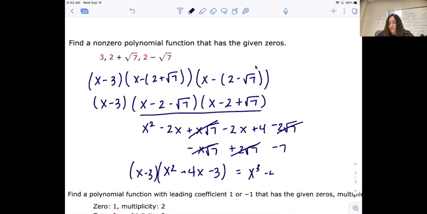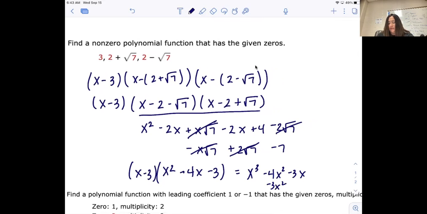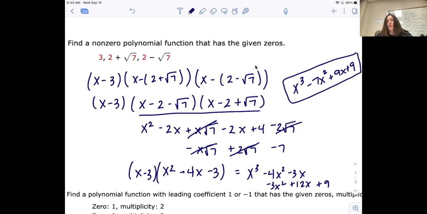Then I have x cubed minus 4x squared minus 3x. Doing the next one, I have a negative 3x squared, and then I have a positive 12x and a positive 9. Combining our like terms, we would have x cubed minus 7x squared plus 9x plus 9. And that would be my solution.